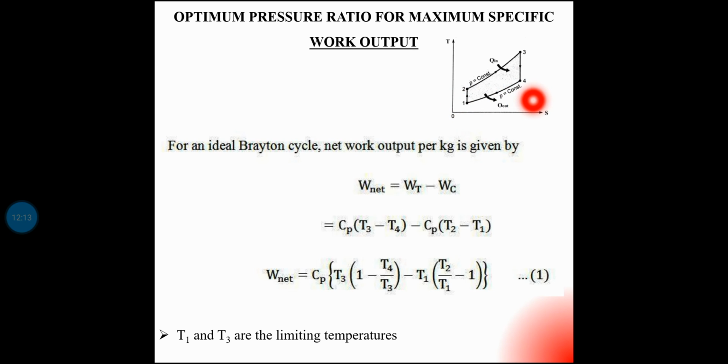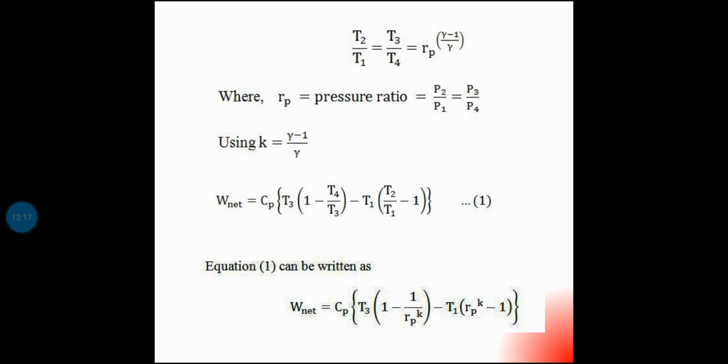expressing T2 and T4 in terms of T1 and T3, we get T2 by T1 is equal to T3 by T4 is equal to Rp raised to gamma minus 1 by gamma. This relation is already discussed in the derivation of thermal efficiency of Brayton cycle, where Rp is the pressure ratio, equal to P2 by P1 is equal to P3 by P4.